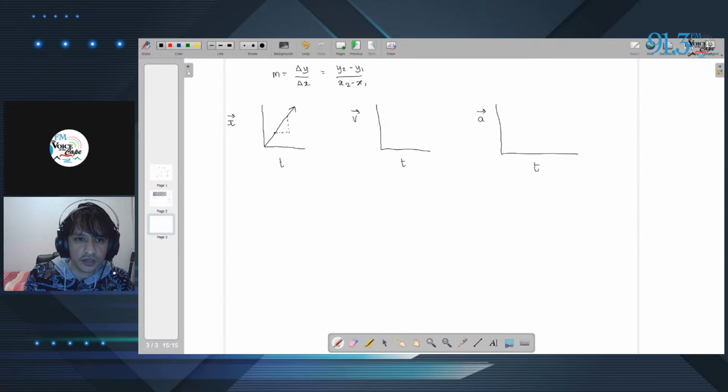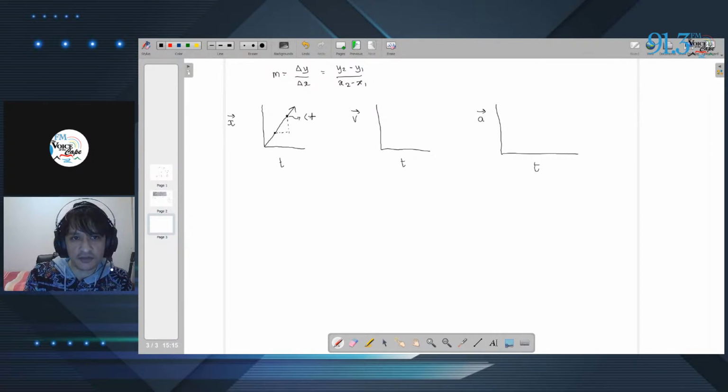And if we look at this specific point here, we will have an x and y coordinate. But we know our x coordinate is time and our y coordinate is position. So we'll notice something very interesting.